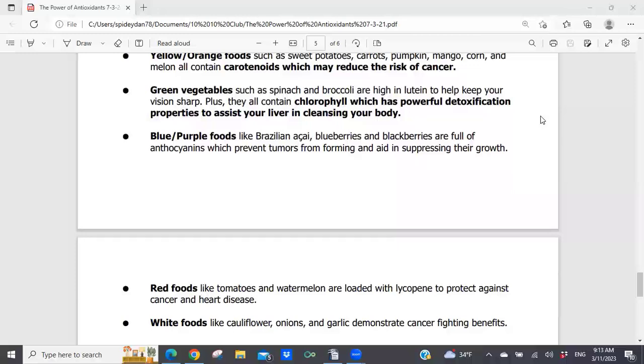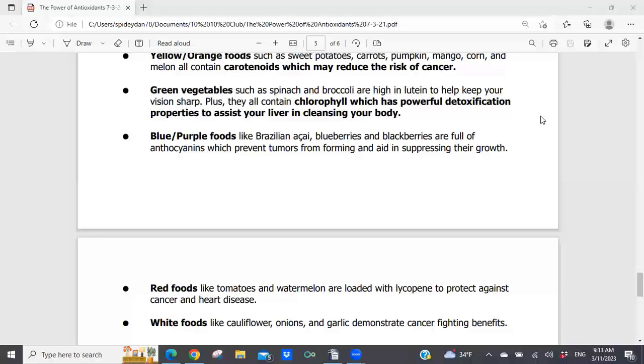Red foods like tomatoes and watermelon are loaded with what's called lycopene to protect against cancer and heart disease. And there are white foods like cauliflower and onions and garlic that have properties within them that help to fight cancer as well as improve heart health.